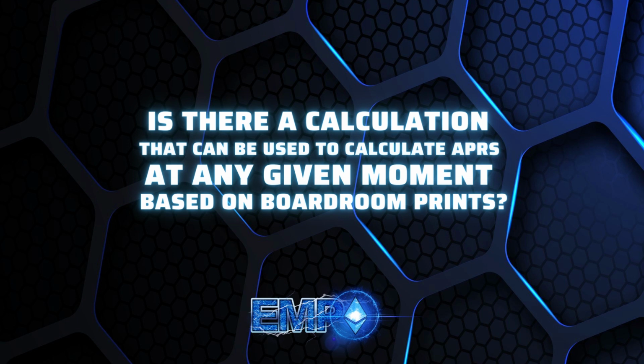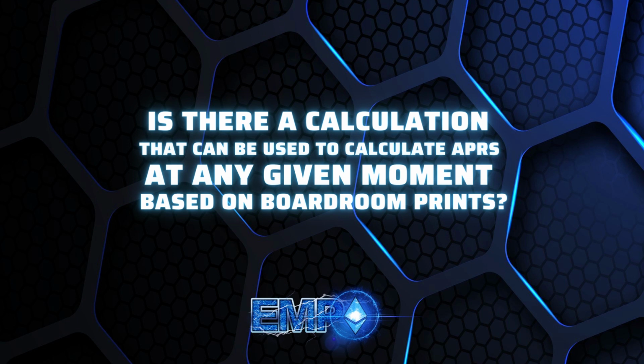If you were to try to work out what the potential print would be half an hour before the print, but then 200 E-shares came into the boardroom to be staked within that half an hour, the APR would drop, because there's more mouths to feed. So let's go back: we now accurately, or semi-accurately, know how much EMP is going to be emitted and its value, because we can estimate the price per EMP.